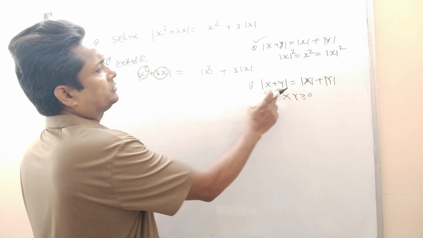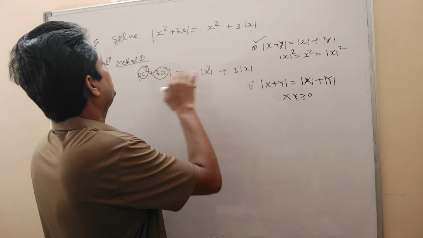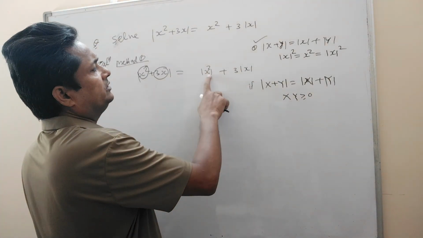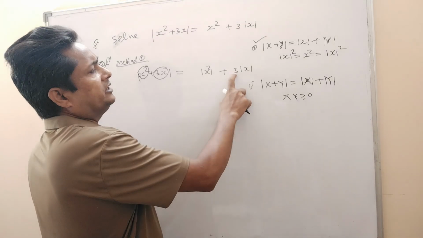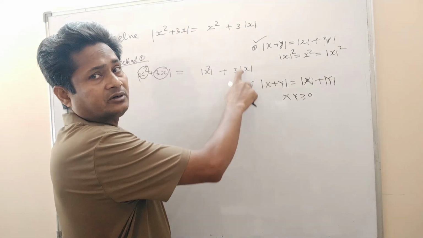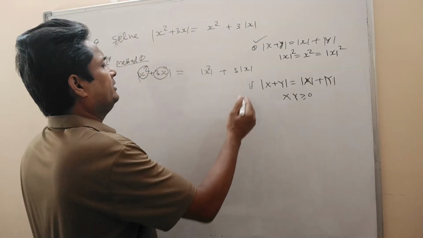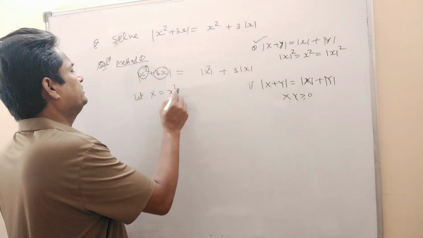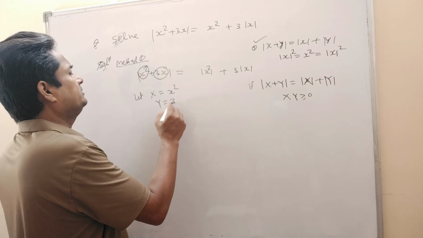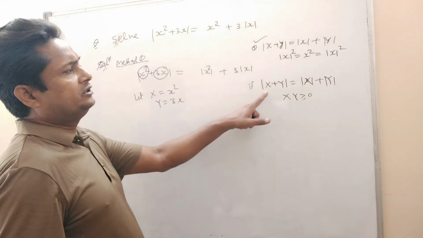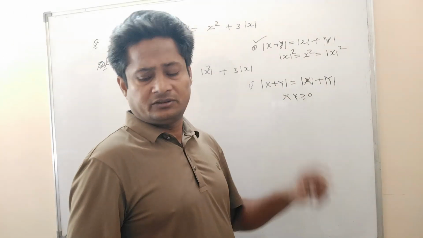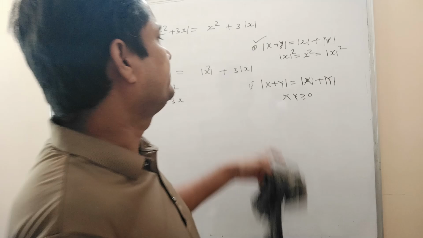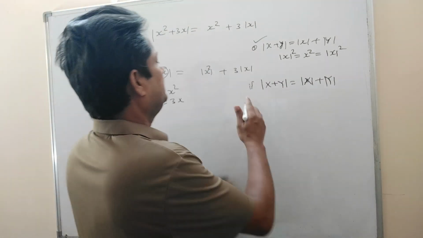This satisfies both sides of this equality because capital X is x square and you can take 3 inside, so mod of Y. If let capital X is equal to x square and capital Y is equal to 3 times x, then this equality will satisfy. You can check this one here.